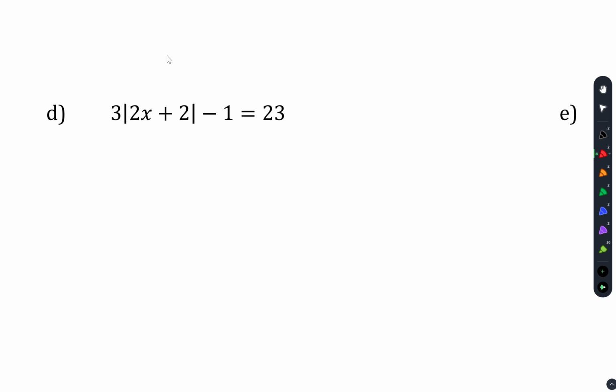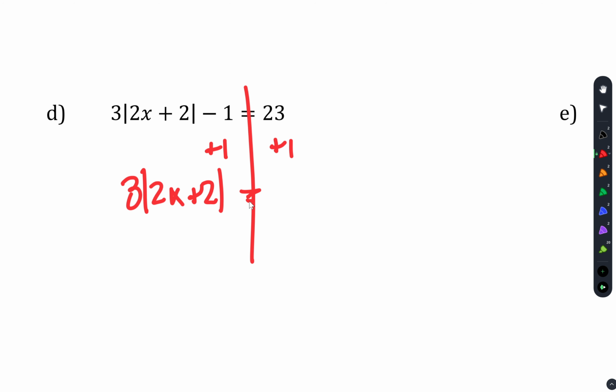Perfect. Add 1 to each side. Some of us are getting confused on that quiz about order of operations. We want to make sure that we're still using backwards GEMDAS. So addition and subtraction have to come first. I'm still not isolated here. I still need to divide by 3.